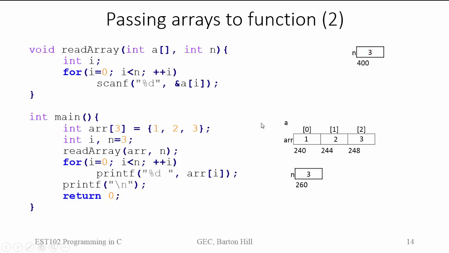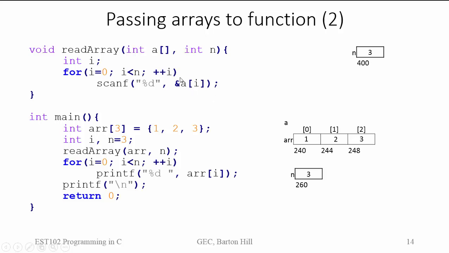Okay, so now since A is referring to the same location that ARR is referring, any changes made in A will affect ARR. Okay, we will see that. Since A is also an array which has the starting address 240, when we read elements, let's say that I am reading an element 6.